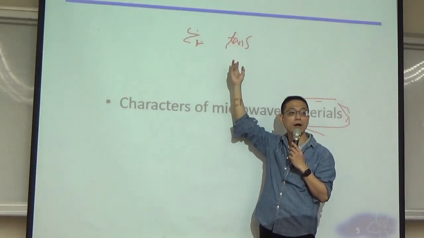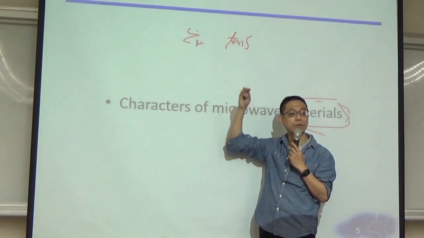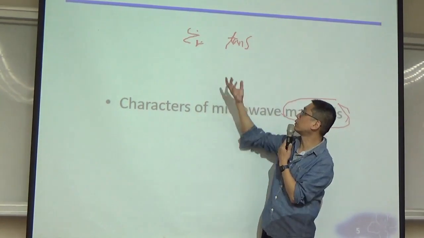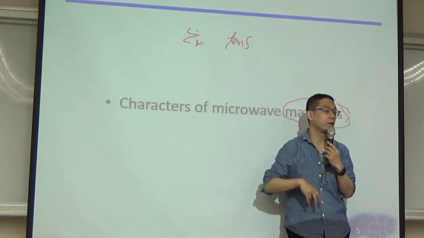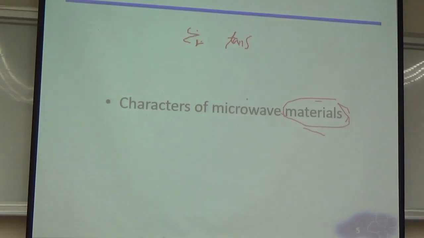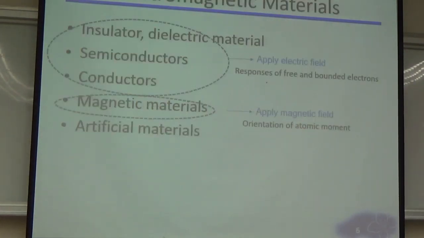They depend on frequency. So we will have some methods to measure epsilon r and loss tangent. But before we measure it, maybe we should talk about how to describe them. Why do we have them?